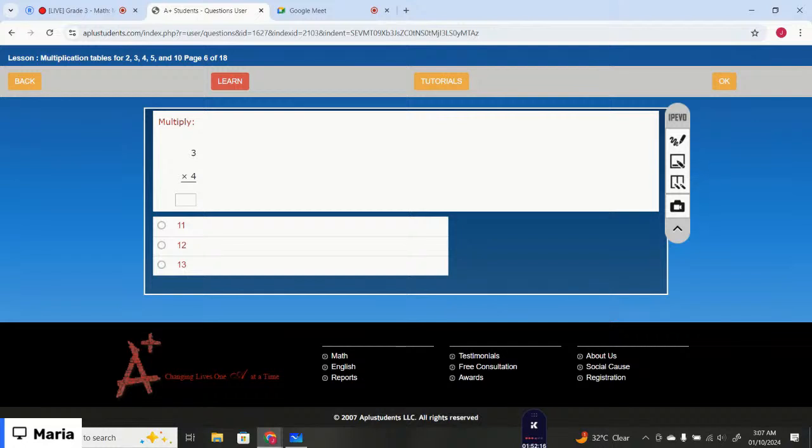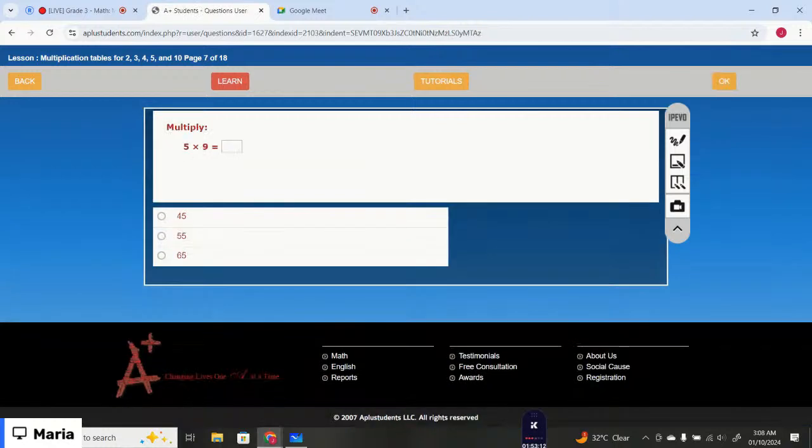The next one is 3 times 4. So which is the correct option? 3 times 4 is, yes, 12. It is option number 2 is the correct option.